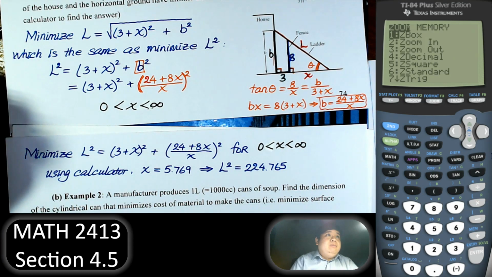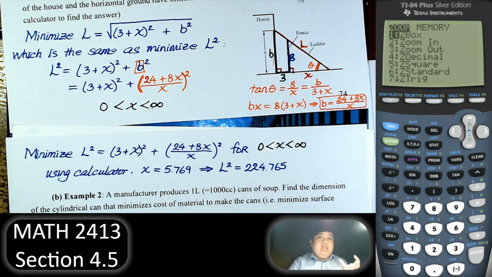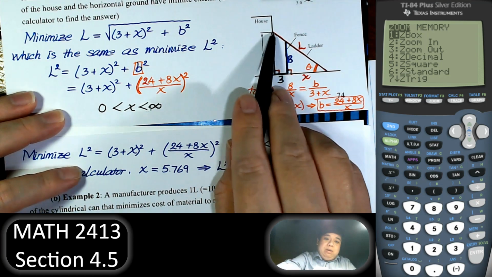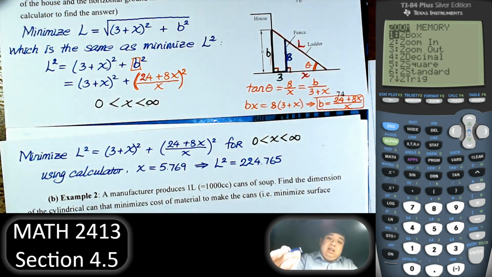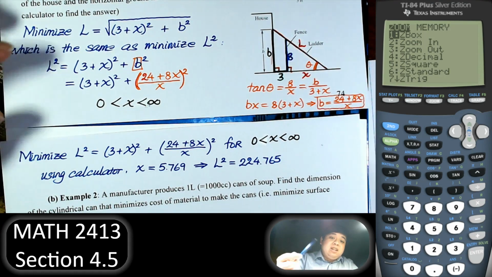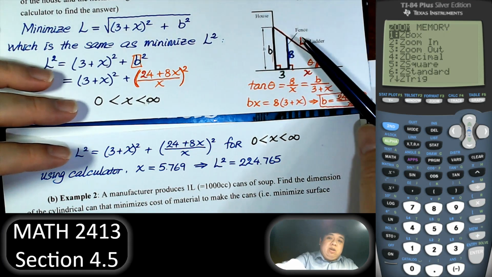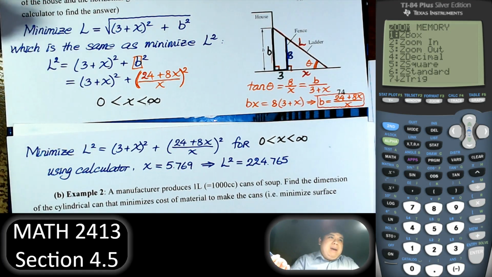But in this problem, we reasonably choose the window. Like I said, the ladder in real life is not going to be extremely long. I mean, mathematically, it could be indefinitely long, but in real life, we choose reasonably. So L is about 100 feet max, right?